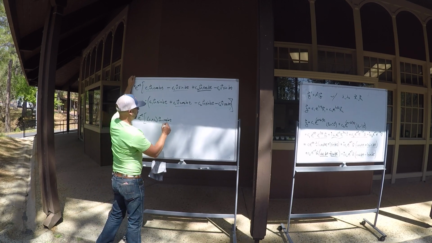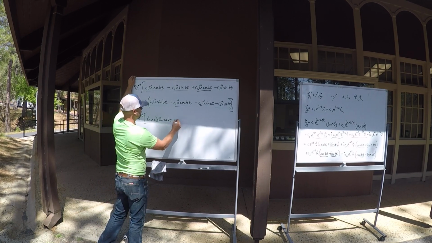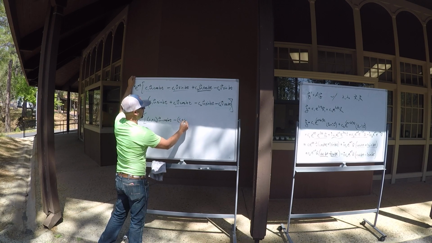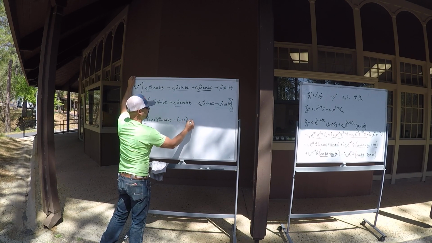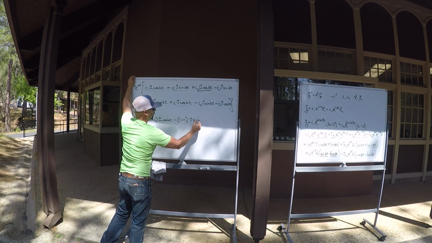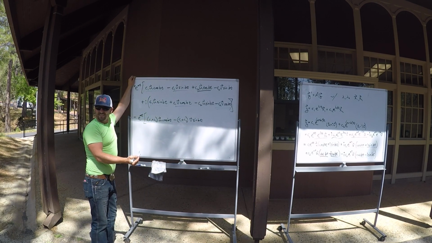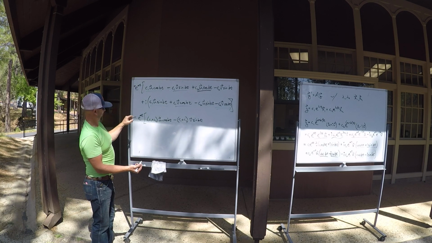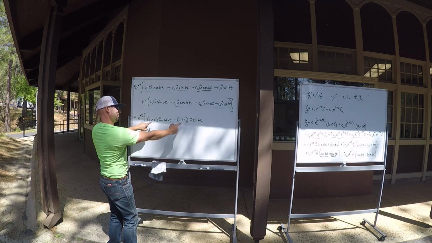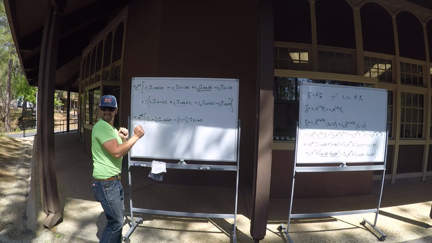And then I've got a minus, and I've got a c1 plus c2 v sine of bt. Let's do this again.